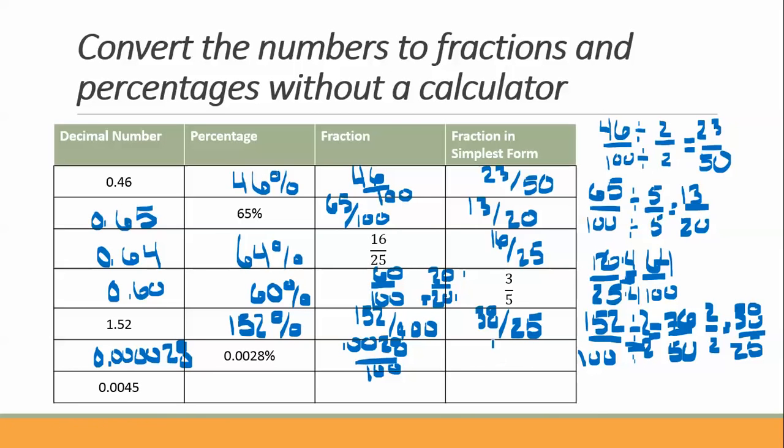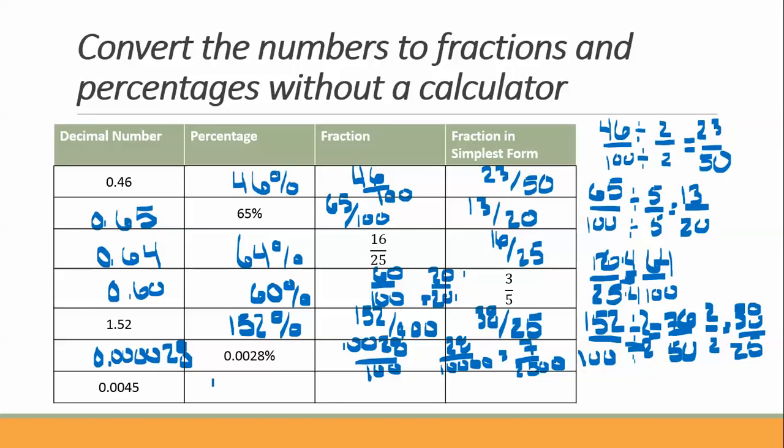And then our fraction in simplest form, we can move this over, because then this is going to be 28 over 1, 2, 3, 4, 5, 6. So that would be 28 over 10,000, which is the same as 7 over 2,500.